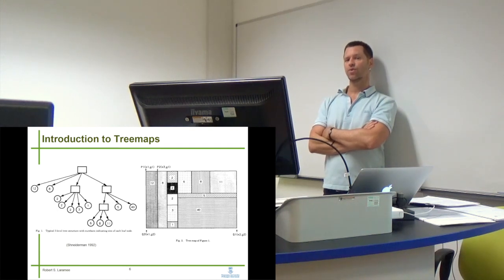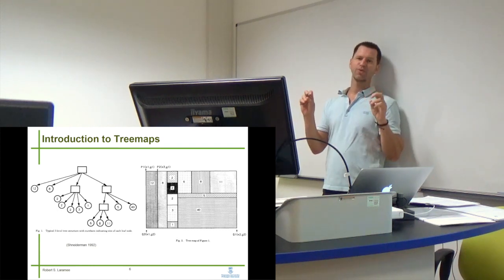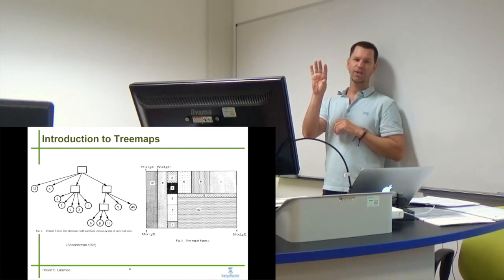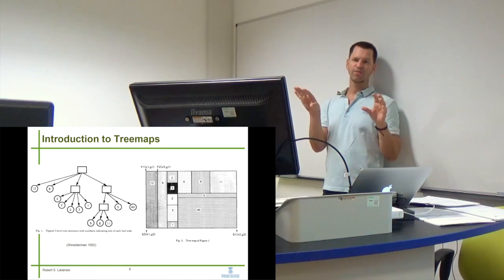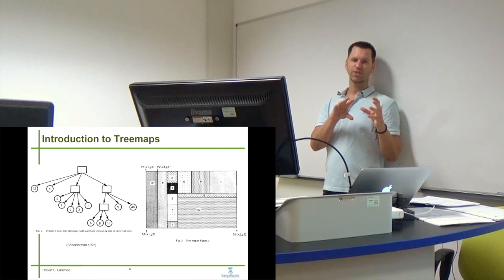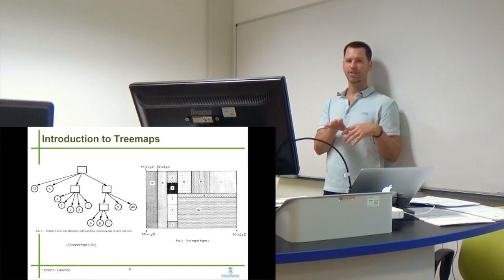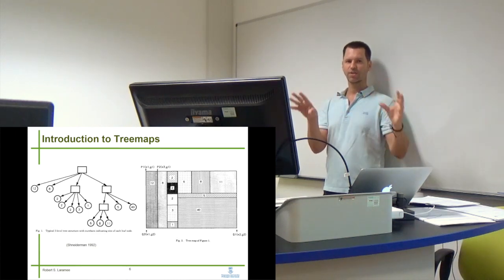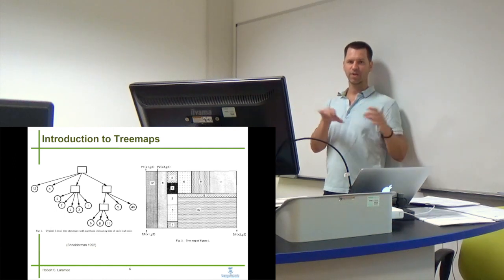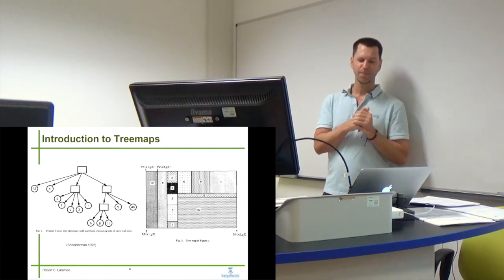All of your files are organized into a hierarchy. You have My Computer at the top, and then different folders, and inside each folder is a set of folders and files. That's a hierarchical data set, very common that you interact with every day.